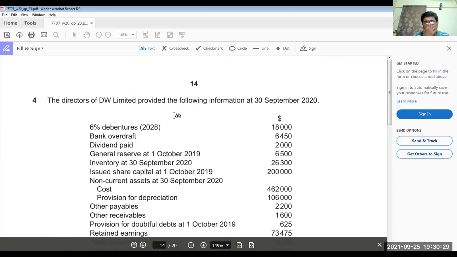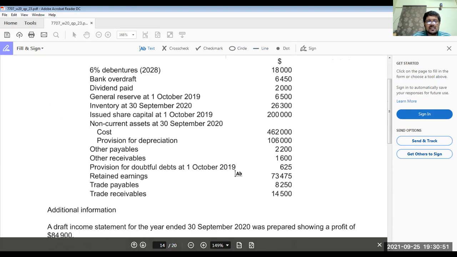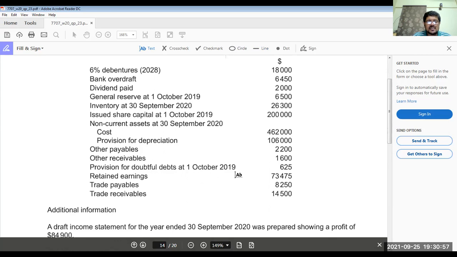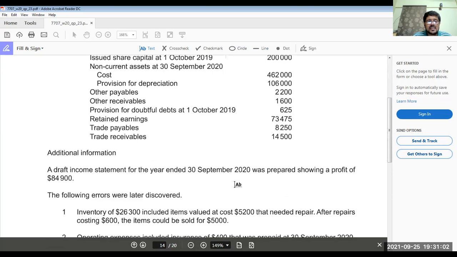The directors of DW Limited provided the following information at 30th September 2020: 6% debentures, bank overdraft, dividend paid, general reserves, inventory 1st October 2019, inventory ending, issued share capital at start, non-current asset at end, cost and provision, other payables, other receivables, provision for doubtful debts, retained earnings, trade payables, trade receivables. A draft income statement for the year ended 30th September 2020 was prepared, showing a profit of 84,900.